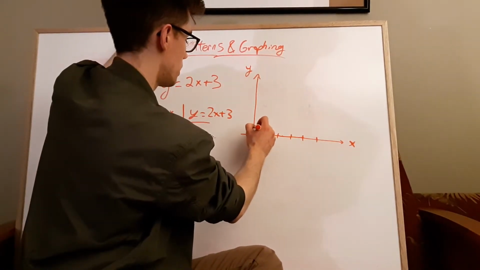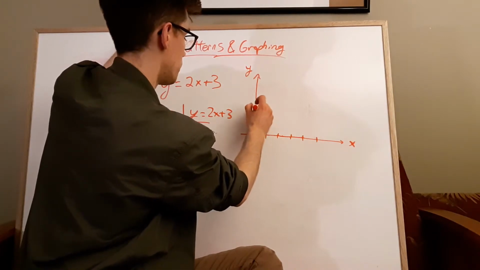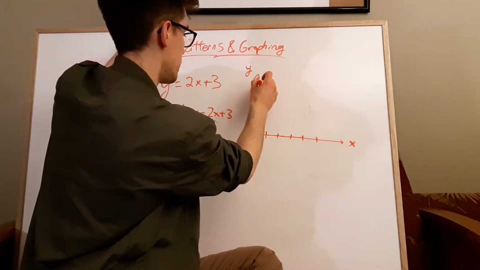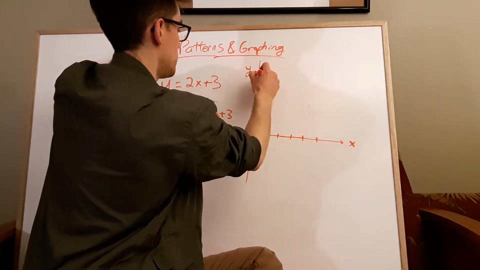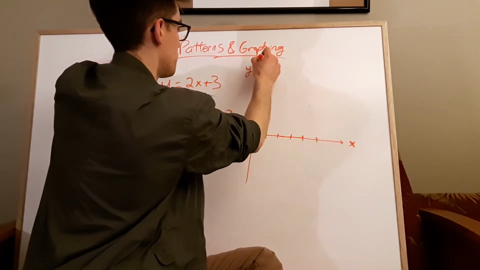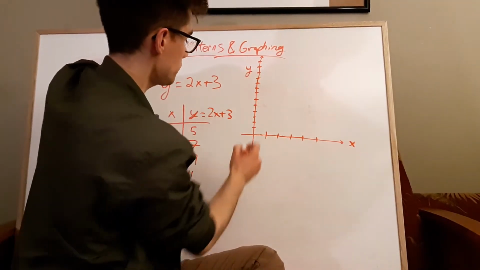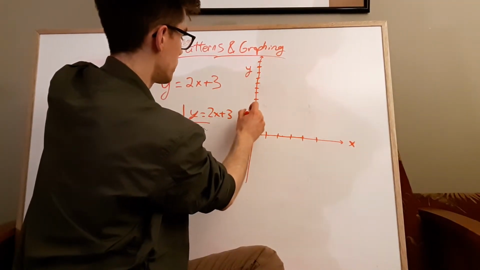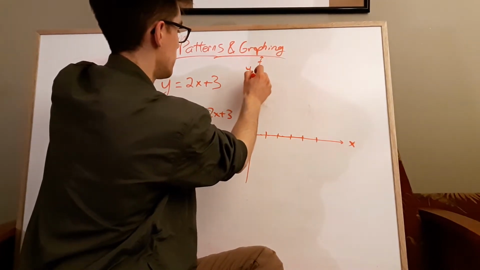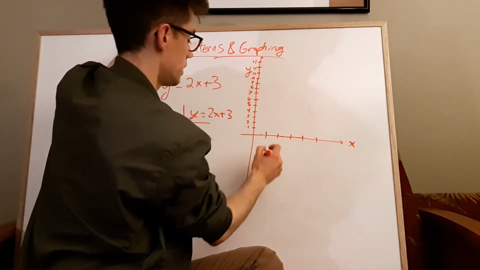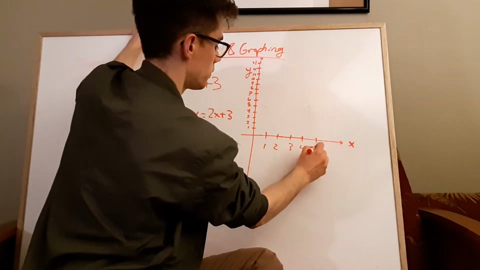So I'm going to go 1, 2, 3, 4, 5, 6, 7, 8, 9, and keep going, 10, 11, 12, 13.